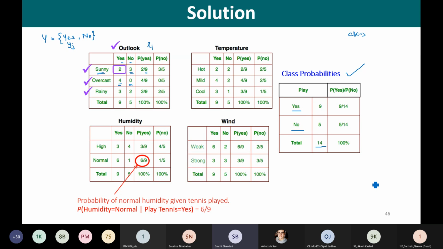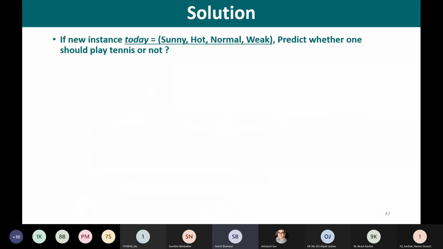Once we have all these computations done, we are going to formulate our solution. So what are we going to do next? Once we have all those quantities computed for all the attribute values and the class probabilities, we are going to formulate the solution as follows.